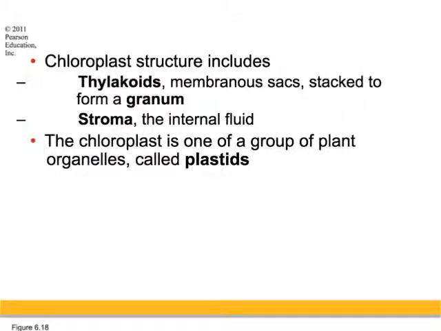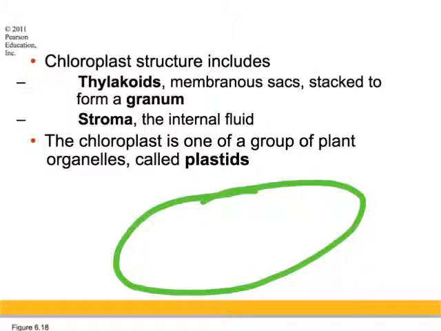So the chloroplast has two main structures that you're going to see. You're going to see the thylakoids and the stroma. Now, I like to think of the thylakoids as green Oreos. Your book uses poker chips, but how many poker games do you play? I eat a lot of Oreos.